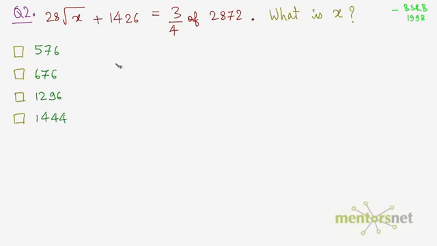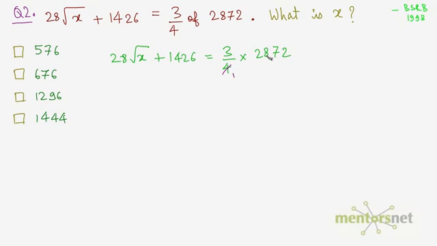Let's move on to question number 2, which was asked in the BSRB exam of 1998. So let us rewrite the whole equation. So you have 28 root x plus 1426 is equal to 3/4 of 2872. So you have 3 by 4 times 2872. Now let us reduce the right hand side of equals to.